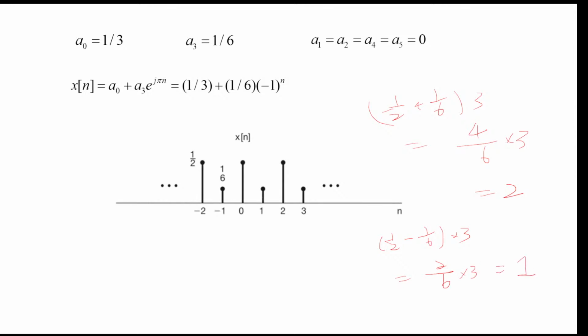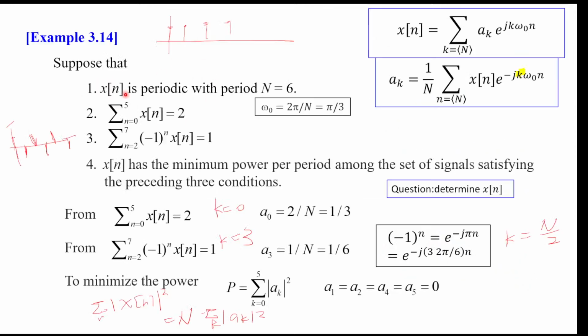Okay, so we see that our signal indeed satisfies all the previous conditions, and it has all those coefficients set to minimum, so it should have minimum power. Okay, are we good with this example?